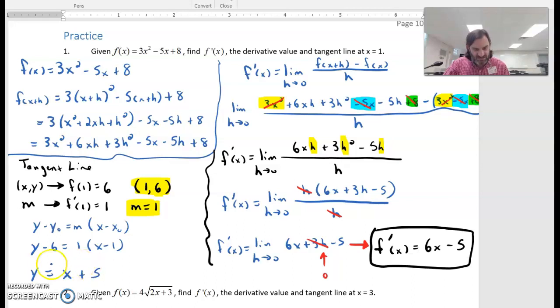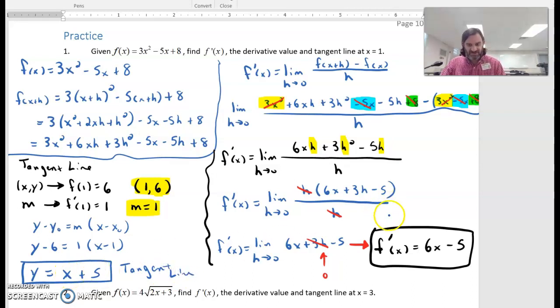Let's make sure that makes sense. It seems to. So the tangent line is y equals x plus 5. The derivative is 6x minus 5. I'm going to pause this and pull up the graph just so you can see it, and we'll go from there.